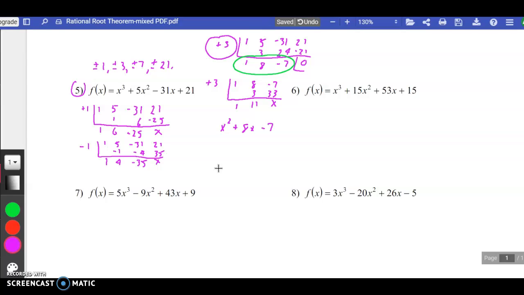So I'm taking the 1, the 8, and the negative 7. I'm rewriting that here as a trinomial. And now I have a 1 as my A, 8 as my B, and negative 7 as my C. So now I can use the quadratic formula.